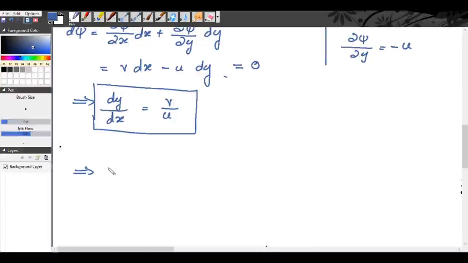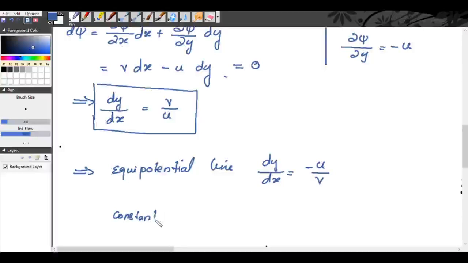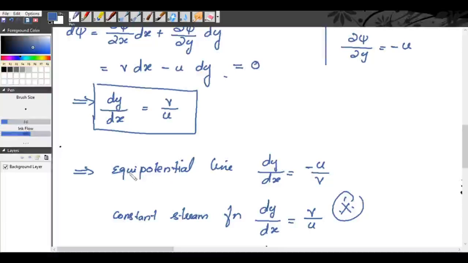From this we can conclude that for an equipotential line, the slope dy by dx will be equal to minus u by v, and for a line of constant stream function, the slope dy by dx is equal to v by u. So very important.